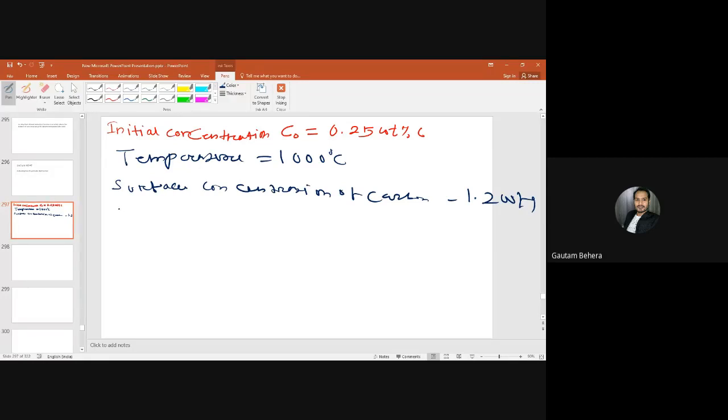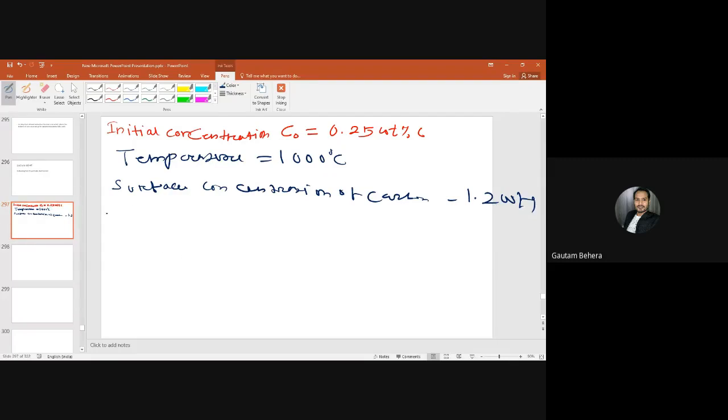Anyway, the surface concentration is 1.2, which will remain fixed throughout the carburizing process, as I told. What else is given? Yes, the depth is given.